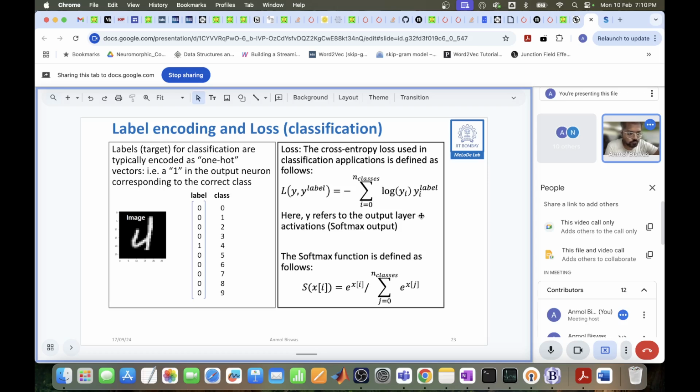But if your output is very confidently saying that 4 is not there, then you will have a very high loss being generated here. It potentially tends towards infinity, right?